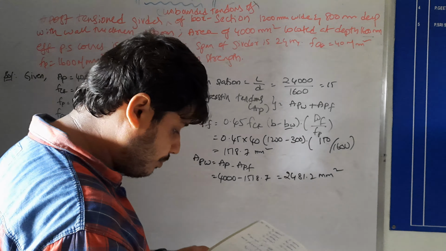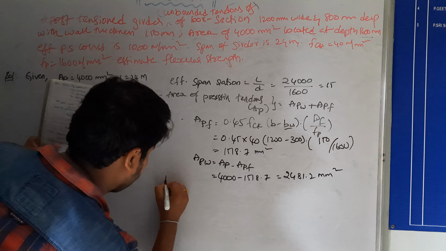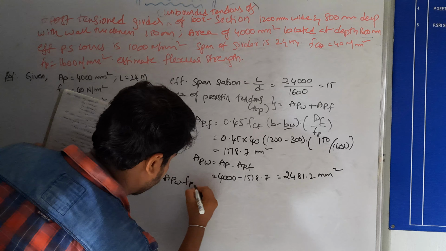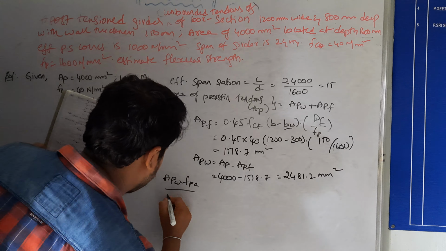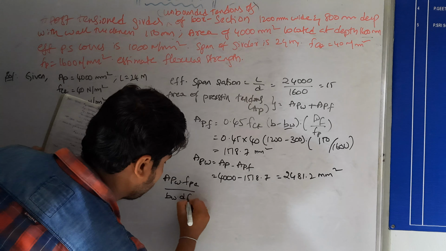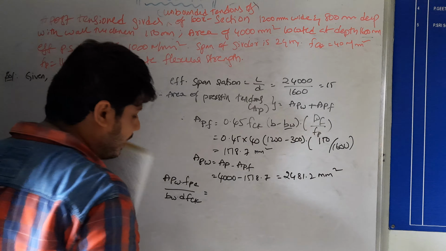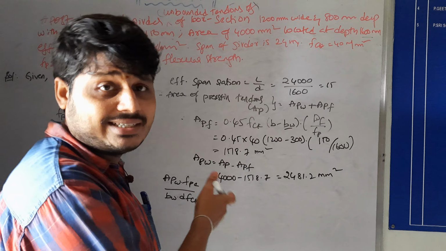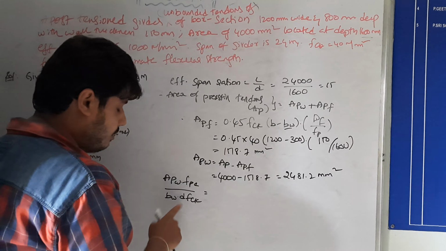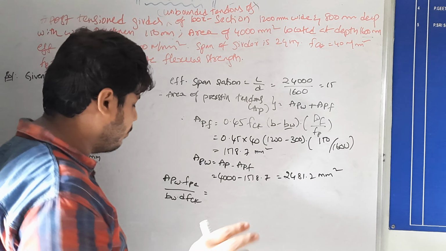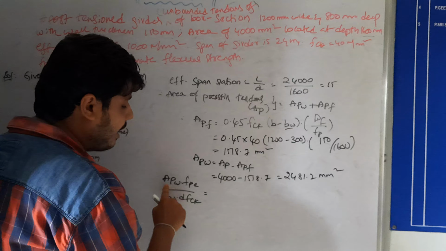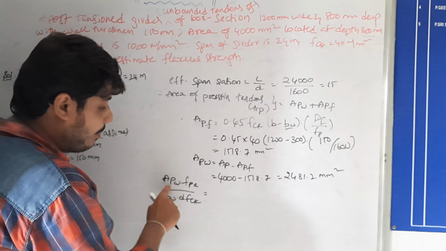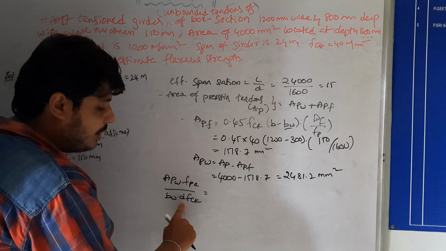Okay. So now APW into FP by BW into D into FCK. Here the formula changes for the T section. Before, for the rectangular section, we started with AP into FP by BD FCK, but here it is APW into FPE by BW into D into FCK.